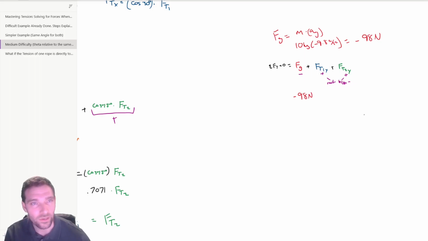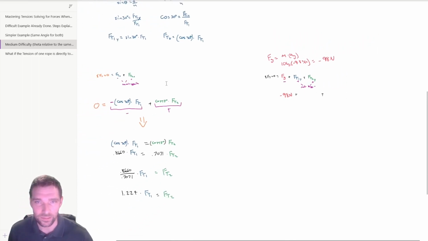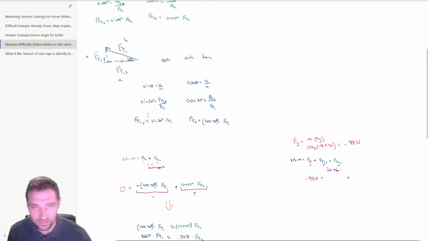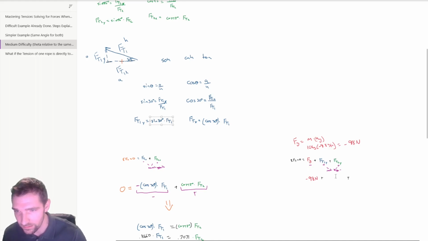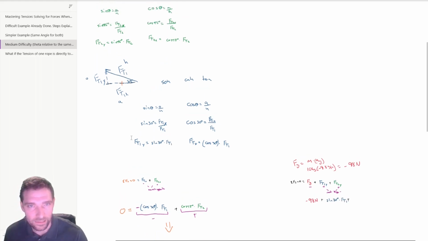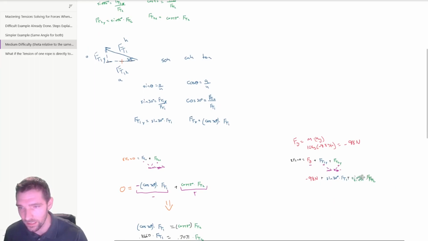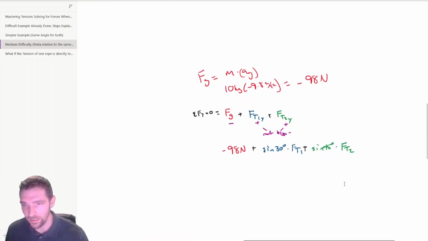Then we're going to have a substitution for the ft1 and a substitution for ft2, so that we can have those in terms of just the tensions. So ft1y is going to be sine 30 times ft1, and ft2y is going to be sine 45 times ft2.